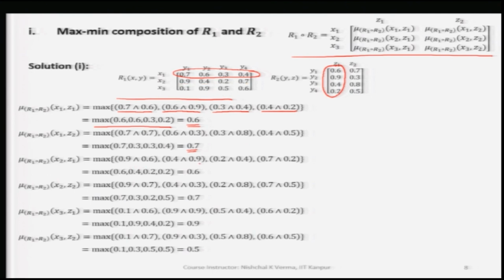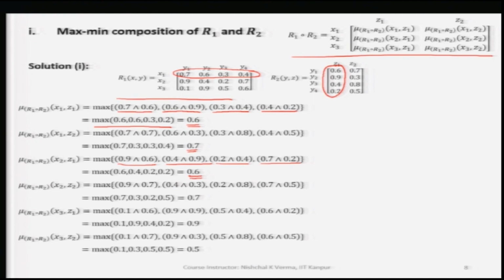Here we have the min of 0.9 and 0.6, then the min of 0.4 and 0.9, then the min of 0.2 and 0.4, then the min of 0.7 and 0.2. So we have 4 values after taking the mins. Then we take the max of these 4 values, and we get 0.6. That is how we take the composition of the second row and the first column.